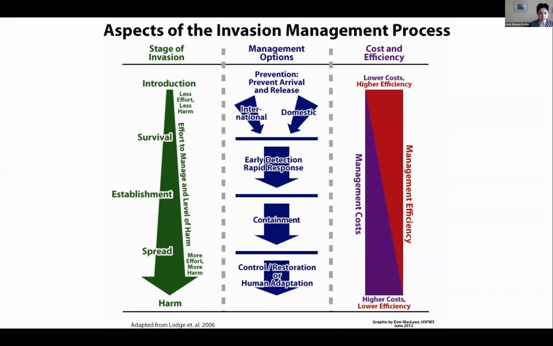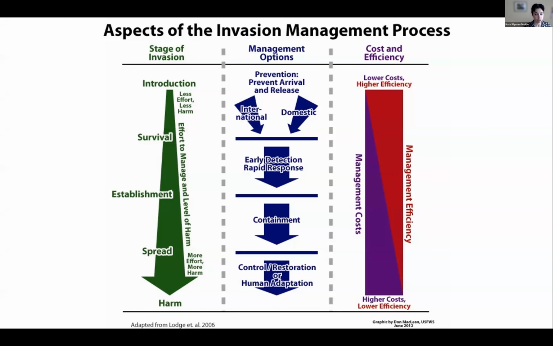The earlier we manage in the invasion process, however, the lower the costs and the higher the efficiency of management actions. It's ideal to prevent introductions in the first place, but if an invader slips through our defenses, then we can try to detect its presence as soon as possible and manage while the management costs are still relatively low.